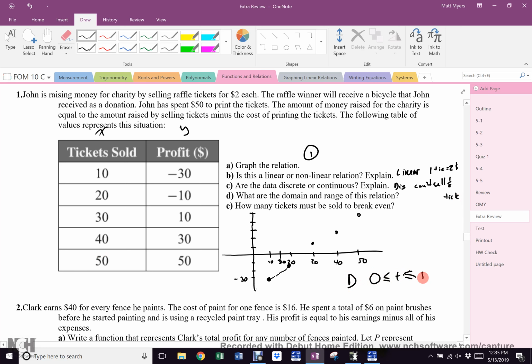That's the best assumption, yes? Because it can't be infinity. And what's the range? What's the lowest amount of money I could make? I can lose money. Negative 30, less than or equal to dollars, less than or equal to? What's the most money I can make? 50.